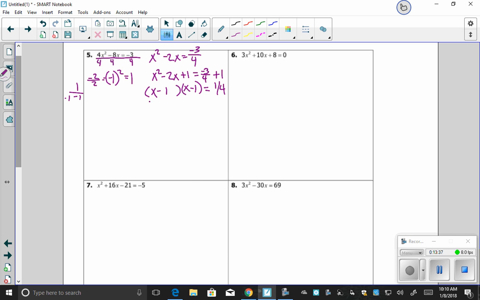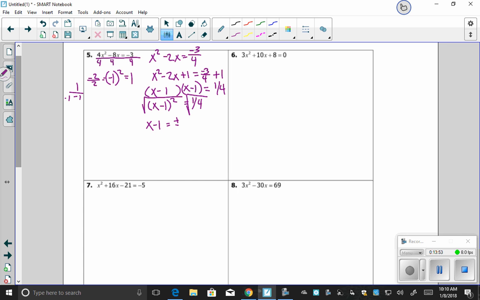Combine your factors. X minus 1 squared equals 1/4. Square root both sides. X minus 1 equals positive or negative.